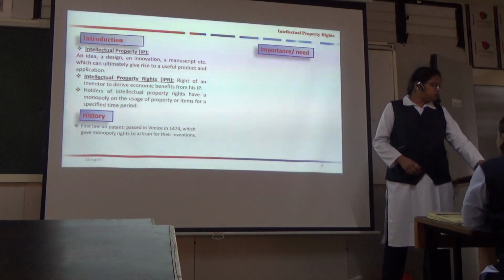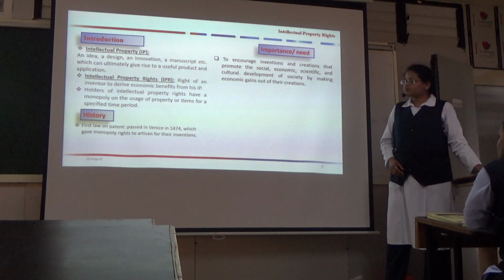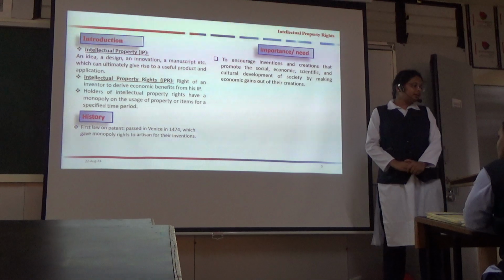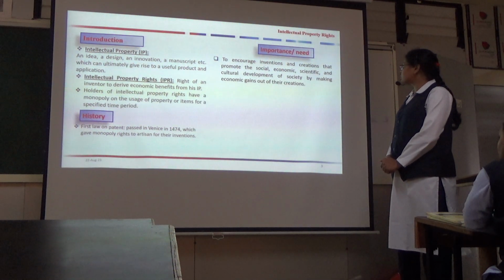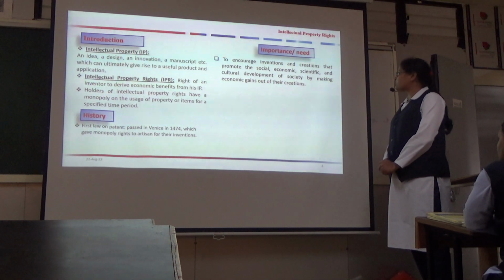So what is the need or importance of IPR? It encourages inventions and creations that promote the social, economic, scientific and cultural development of society by making economic gains out of their creation.